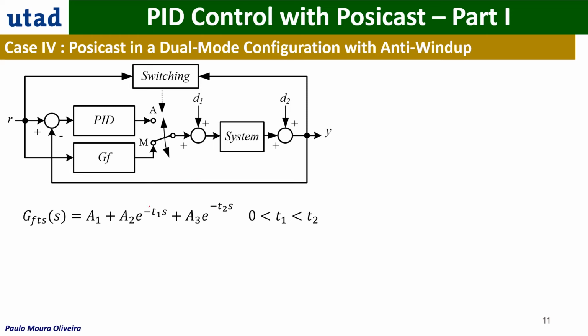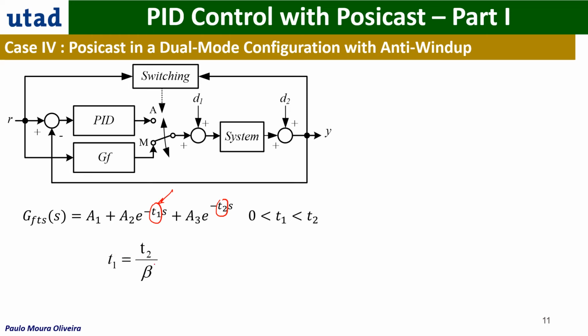Sometimes, using these three steps of Posicast, T1 is not always half of T2. So the question is how to determine T1 and T2 for those systems that are not perfect second order underdamped systems.